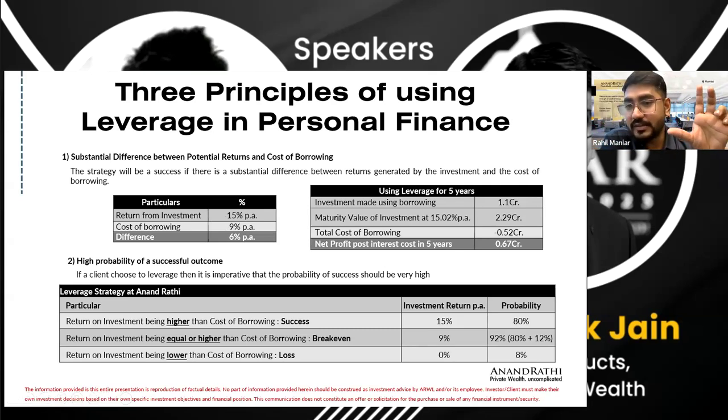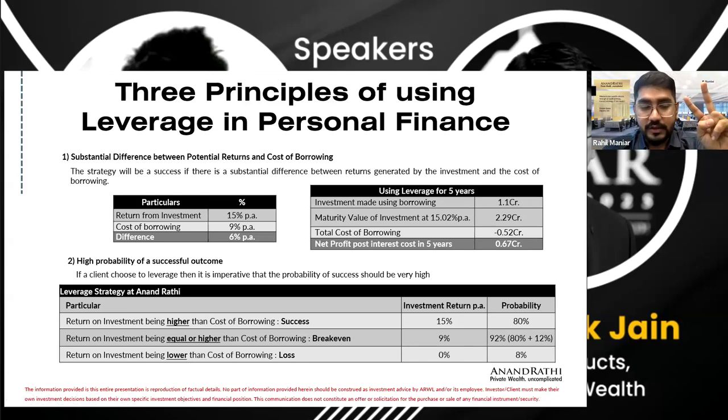The 6% spread is a decent spread, because in value terms, 1.1 crore invested or leveraged will become 2.29 crores over the tenure of the strategy. 52 lakhs will be your total interest cost and 67 lakhs is the net profit that we end up making, right? So point being made, there has to be a substantial difference between the cost that you're paying and the return that you are making. That's my principle number 1.